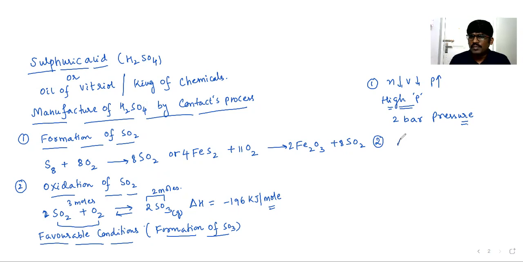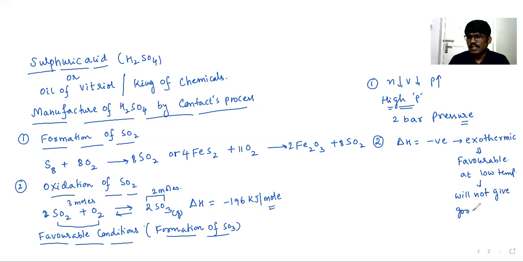And second, if you observe, delta H is negative, exothermic. Exothermic is favorable at low temperature. But low temperature will not give good yields.